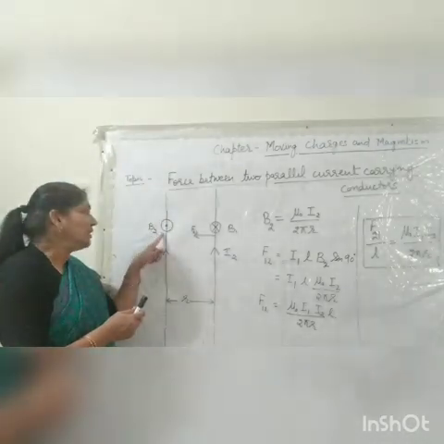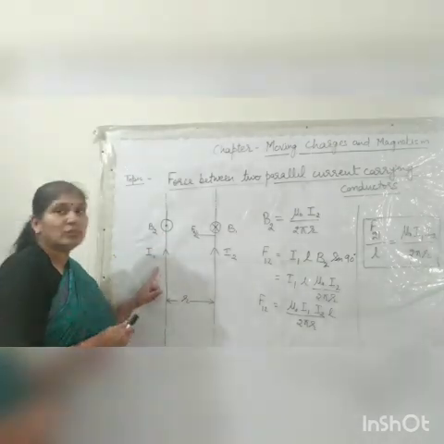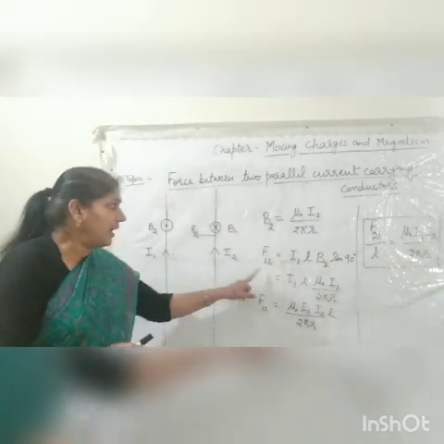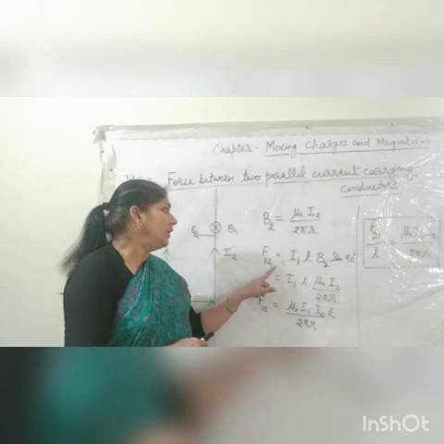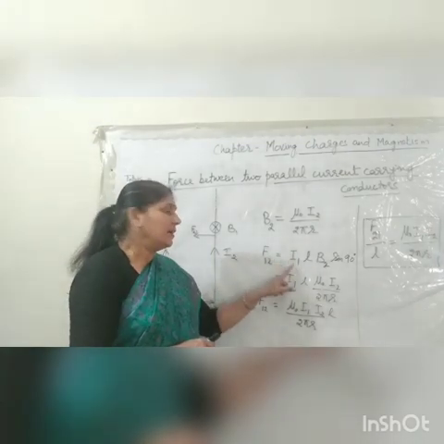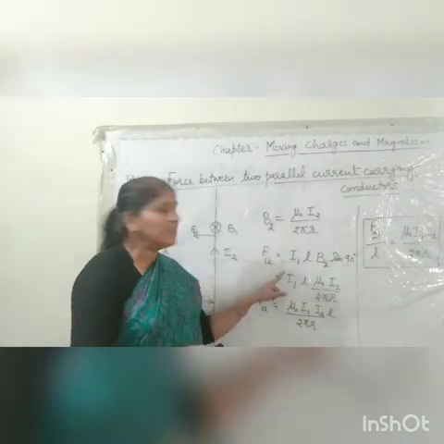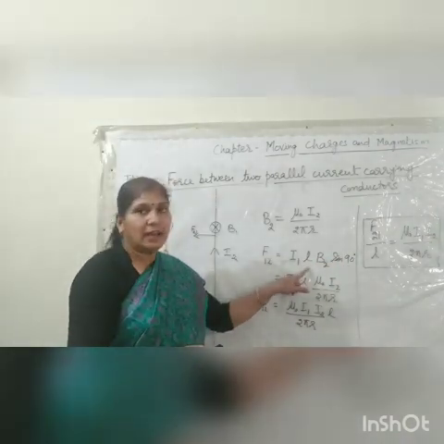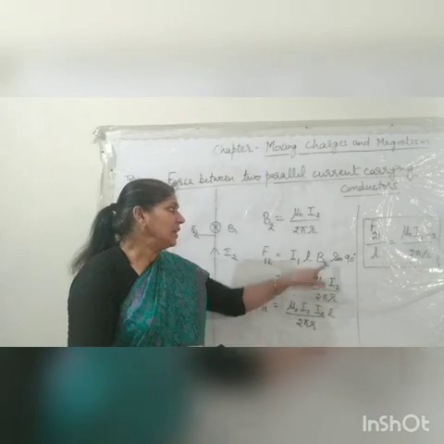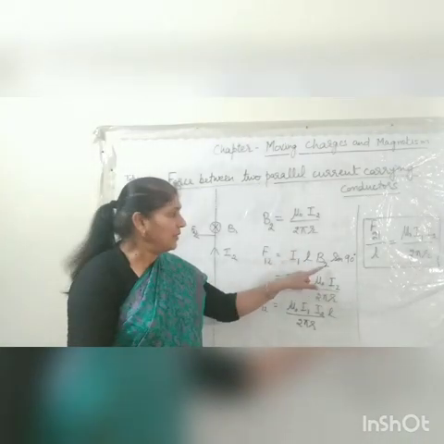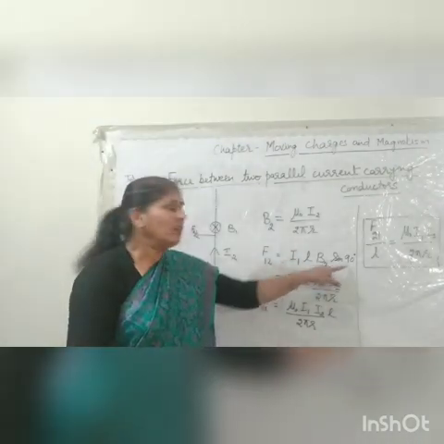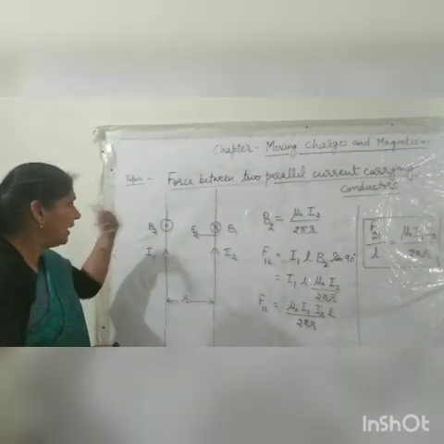So this B2 magnetic field will apply a force on the first conductor, and that force will be I L B2 sin theta. I means current in the first conductor, L is the length of the conductor, B2 is the magnetic field in which conductor 1 is kept, and theta is the angle between the magnetic field and current.